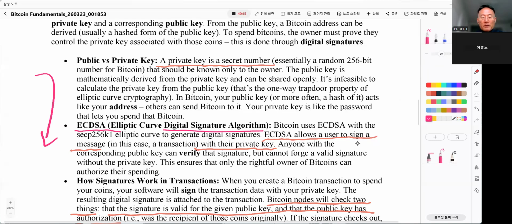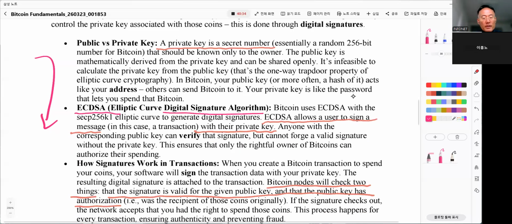So anyone with the public key can verify if the signature is valid or not, but the person cannot do anything more than that. Only verification. Okay. All right.